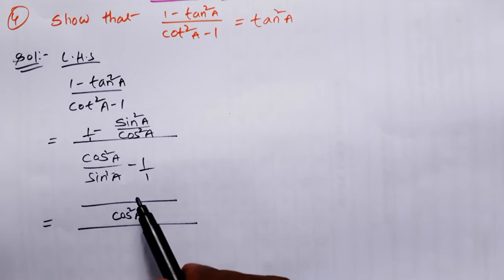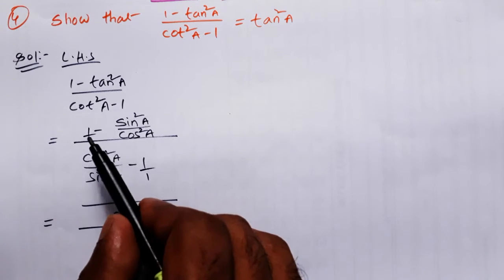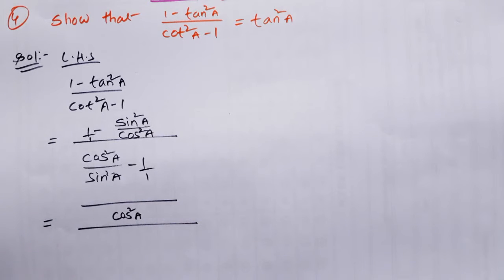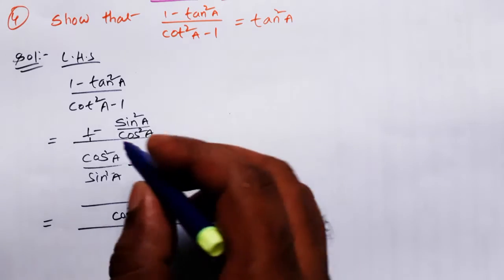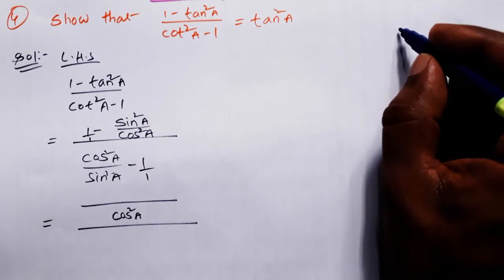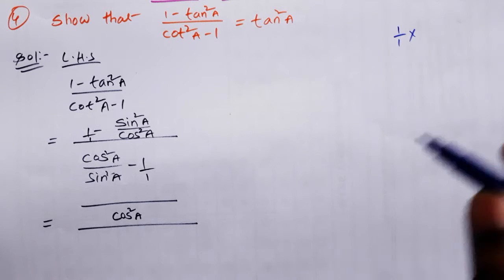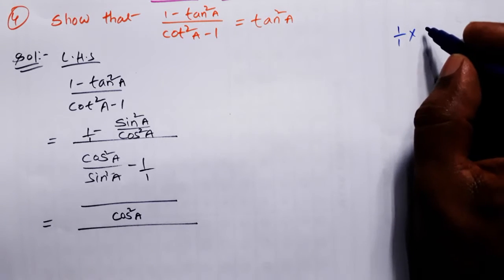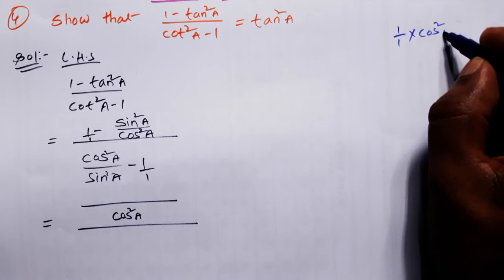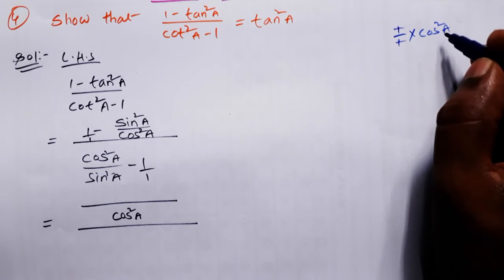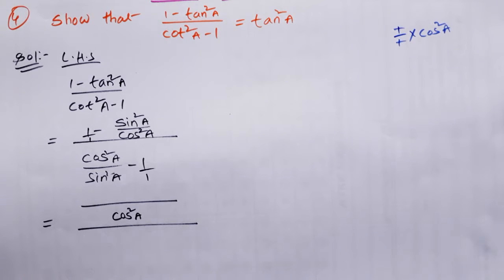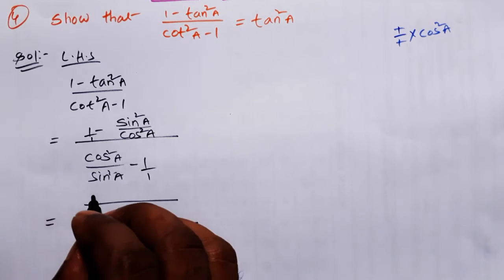This method I already said. Take the first fraction, 1 by 1. That should be multiplied with the LCM, cos square A. 1 and 1 cancel. What is the answer? Cos square A. So write that cos square A here.